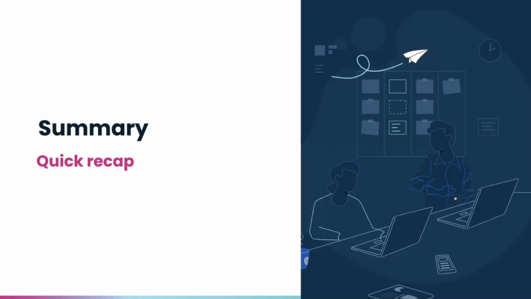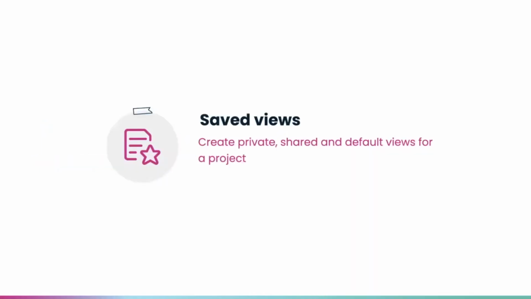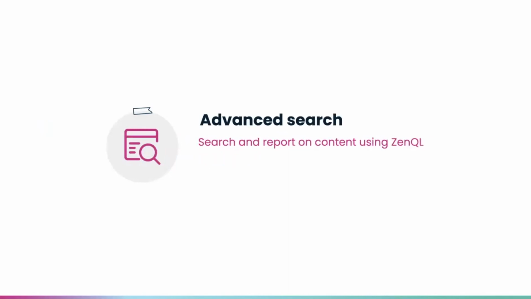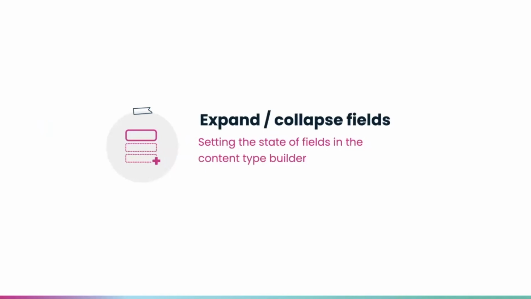So as a summary and a quick recap, we've touched on saved views, the ability to create private, shared, and default views for a project, all of that being permissionable. The ability to create advanced searches using ZenQL and save those queries as saved views as well. We've added support for expanding and collapsing fields as well as setting field defaults.